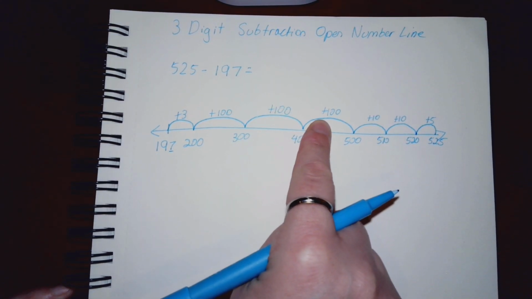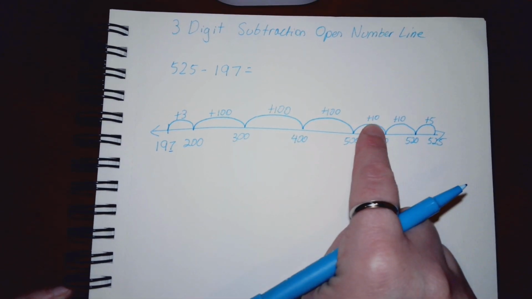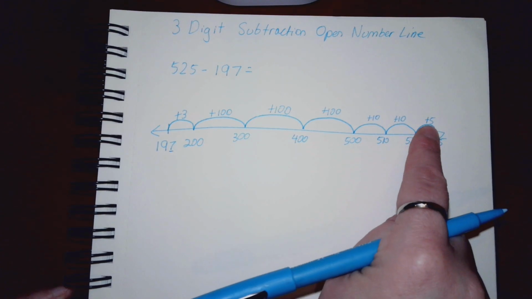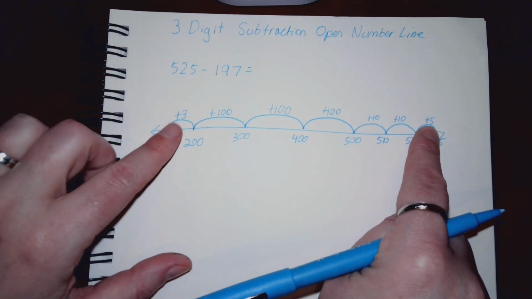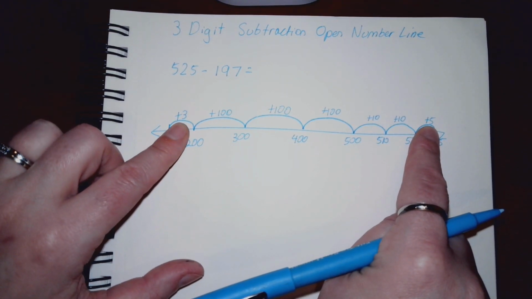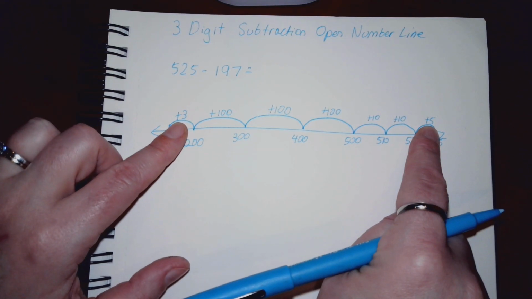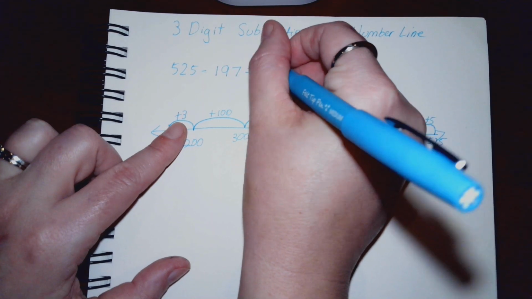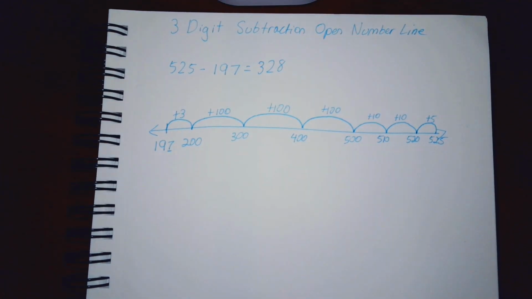Okay, so I'm at 300, 310, 320, 325, but I also can't forget what I started off with here, so 325 plus 3 gives me 328. So 525 minus 197 is 328.